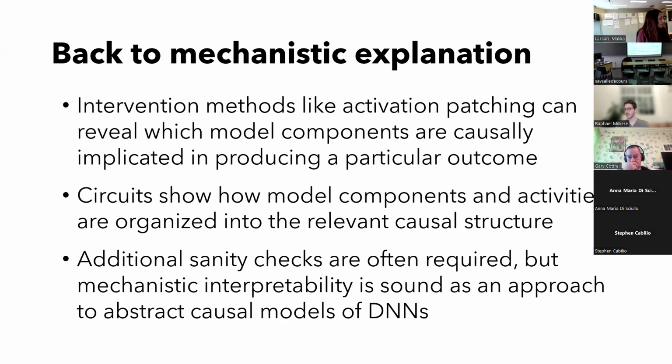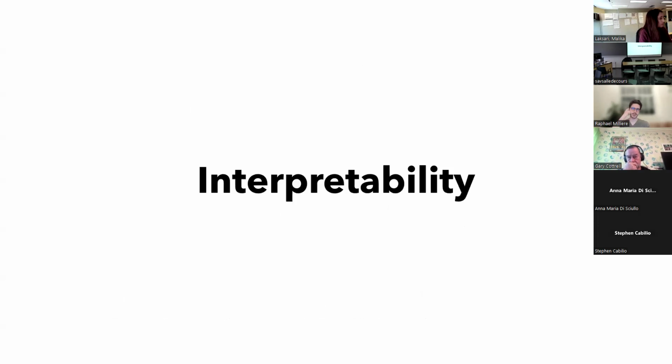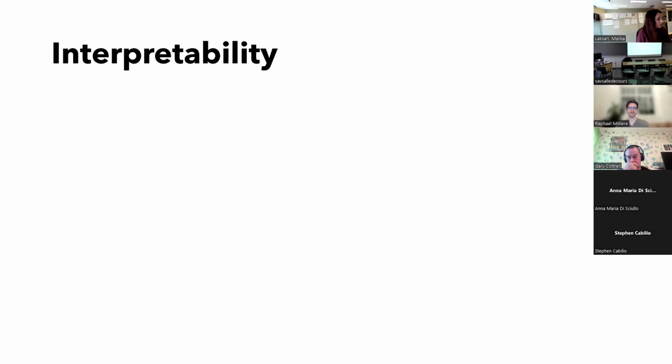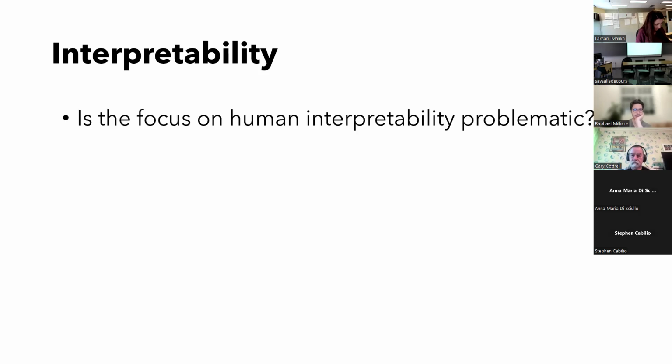So I don't want to be too long, but I just want to say something about this notion of interpretability before I close. I think there is a worry that lurks in the background of this whole mechanistic interpretability literature, which is: is this focus on human interpretability somehow problematic?